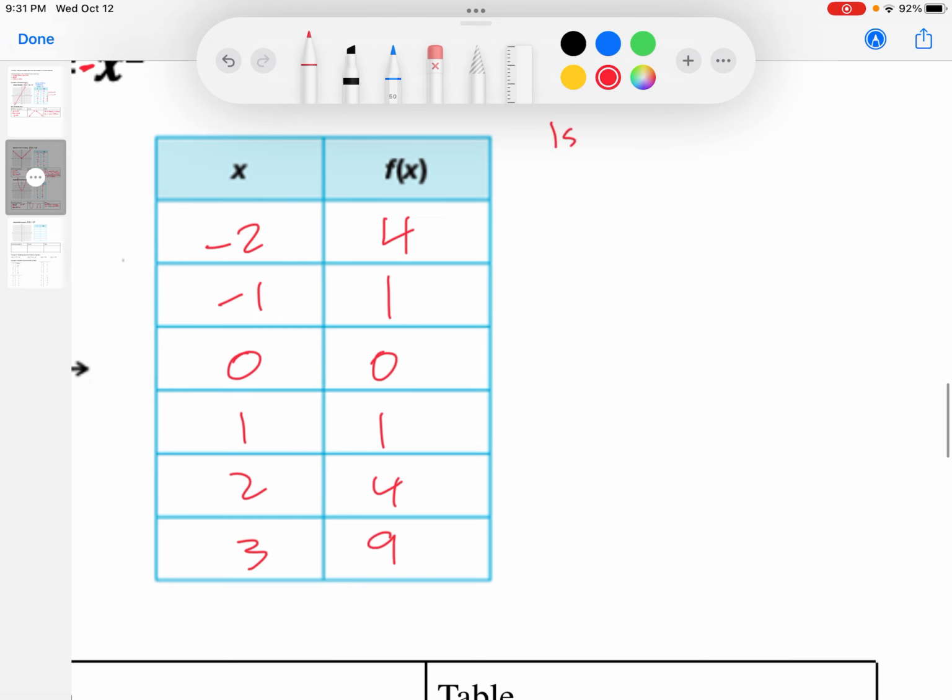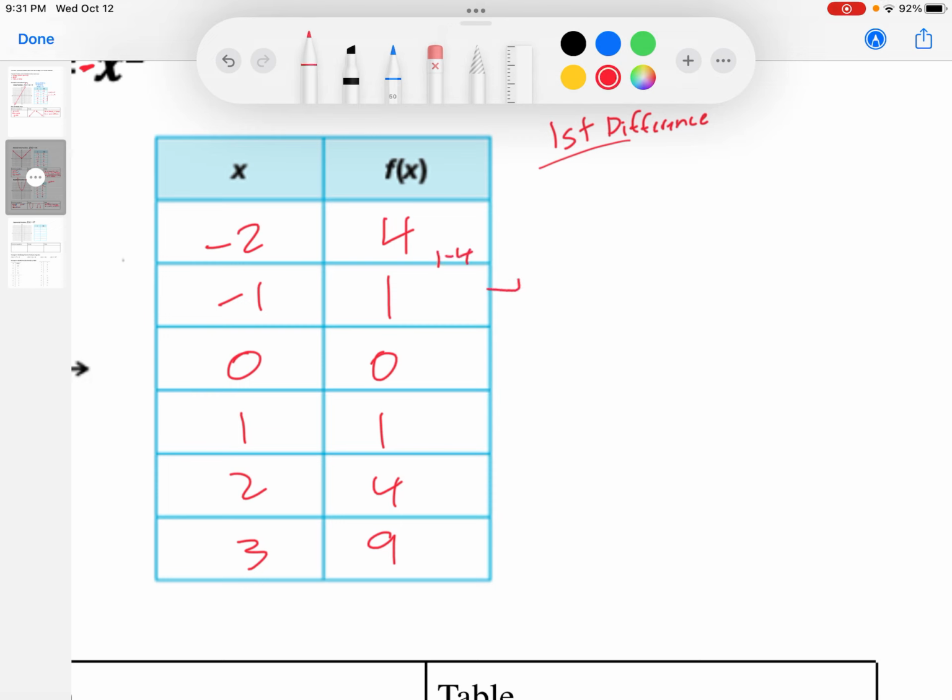Right next to this table, I would like you to write first difference. And the way that you find the first difference is basically what I was showing at the beginning of this video, when we were talking about linear functions. So take any coordinate value, so I'm going to say 1, and you're going to subtract the number before it.